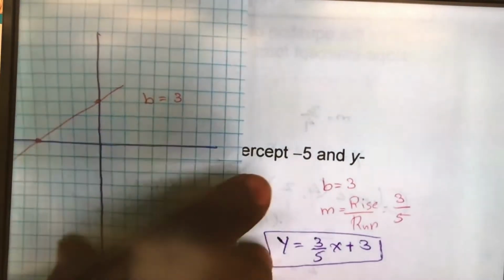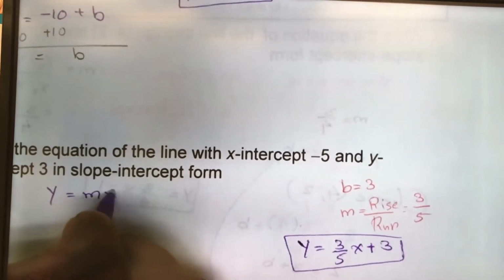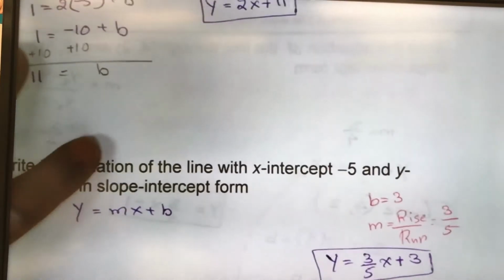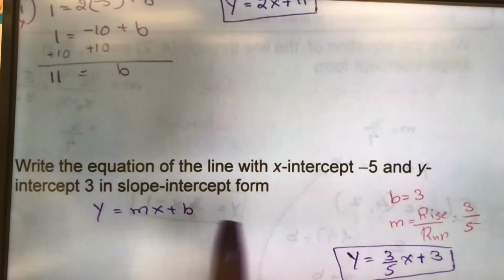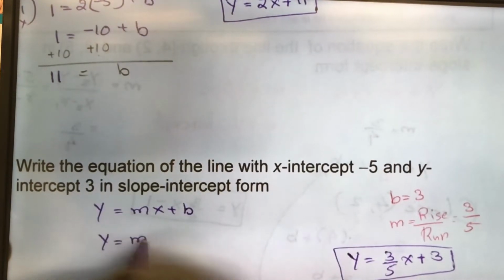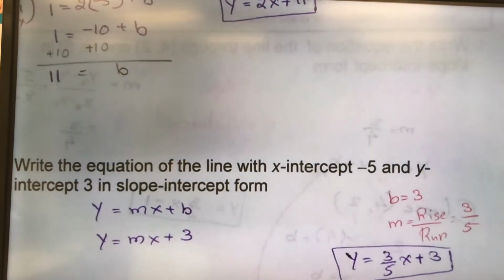If you want to use the algebraic method, I have y is equal to mx plus b. Here m is not given, but I have the y-intercept, which is 3. I can replace the b with 3. Now I need to identify the slope.